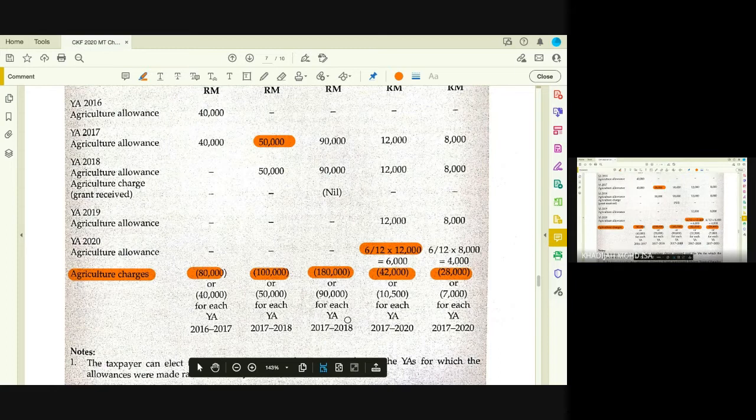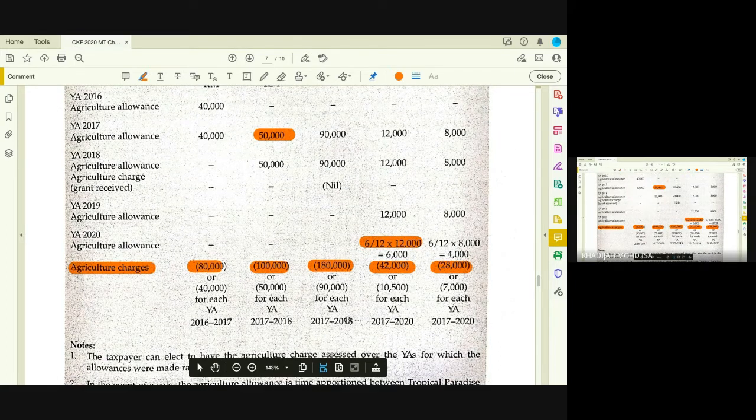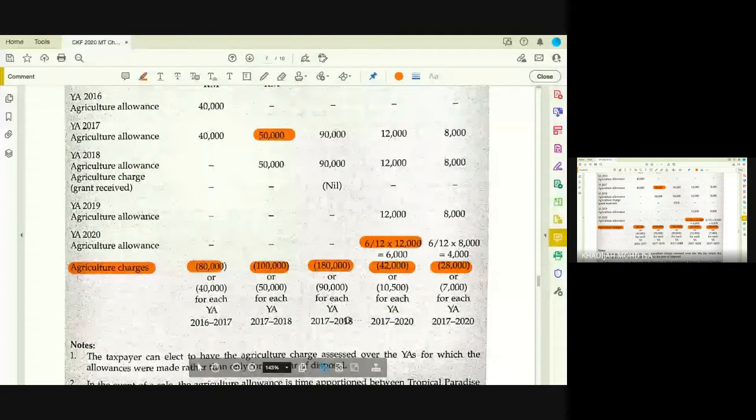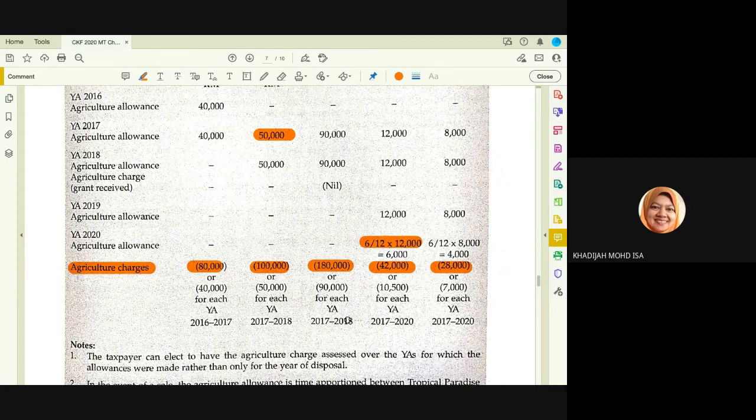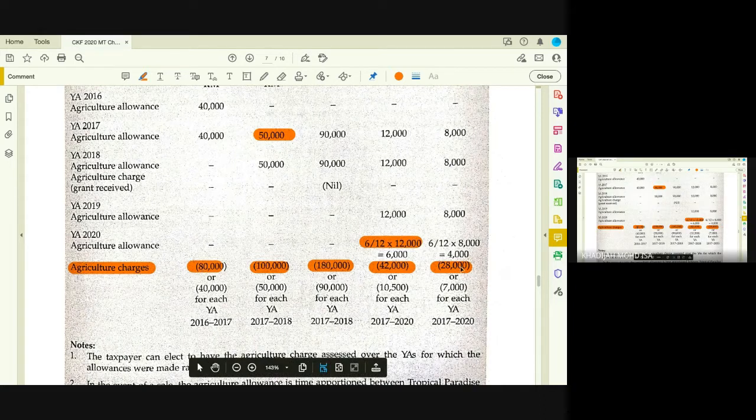So the total here could be a lot for the business for YA 2020, right? So the law allows the company to apply to spread back, right? Spread back whatever agriculture charges here to the years that you have claimed the allowances.